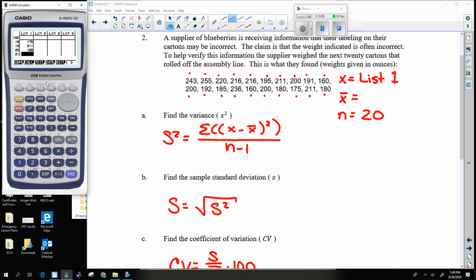All right, so I have all those numbers entered. Take a quick glance through, just make sure they're all 3-digit numbers and looking somewhat reasonable.